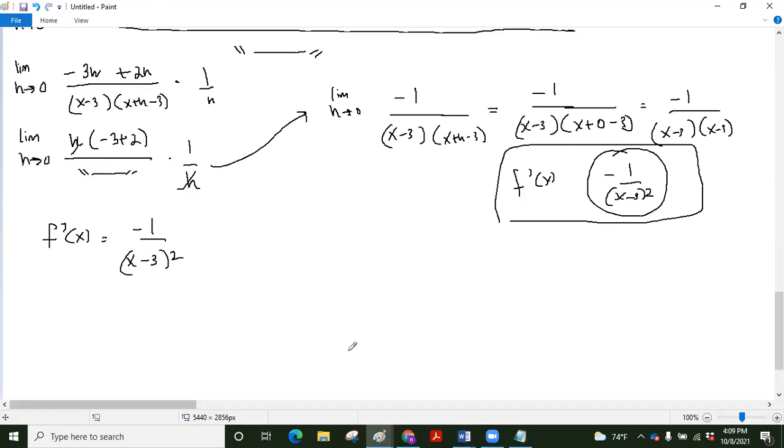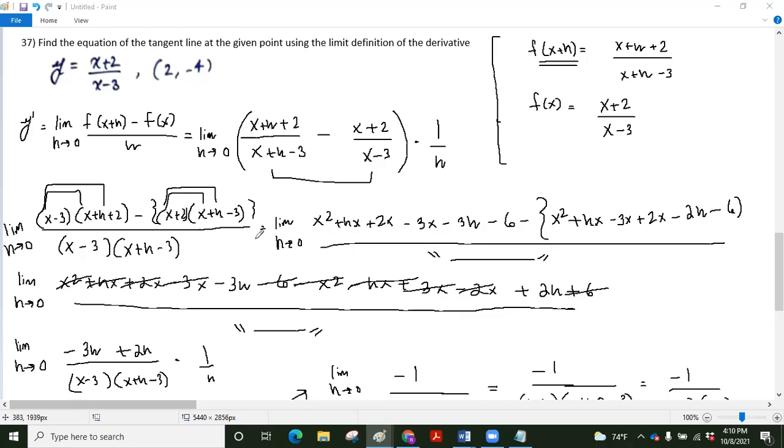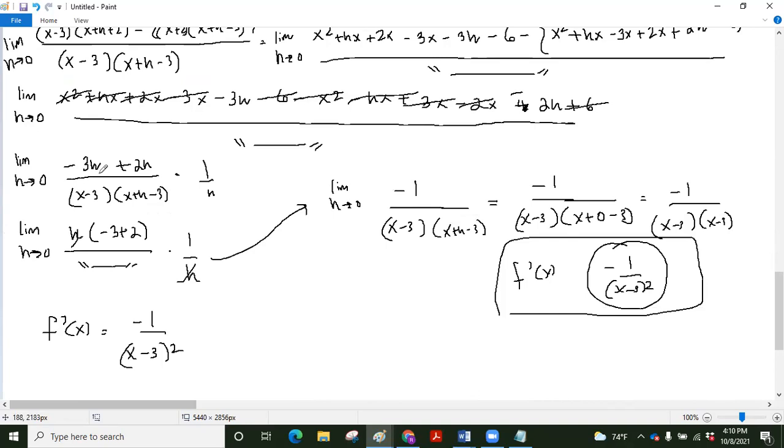Now, let me just go ahead and confirm this fact. The problem that we had here was when we were multiplying this side, this should be 2h, so positive 2h on this side. And then once we open the bracket, it should change to negative 2h. So instead of being negative 3h plus 2h, it's negative 3h minus 2h.